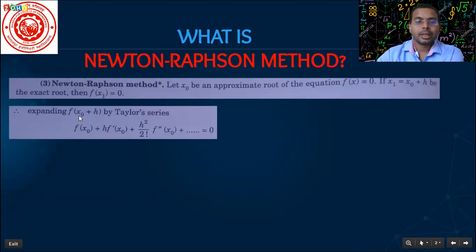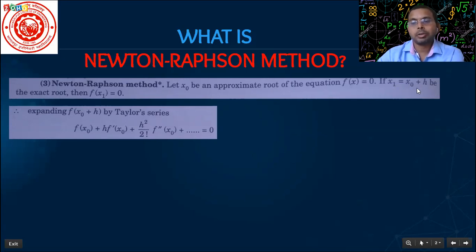Now, if we expand f(x0 plus h) using Taylor series, we find f(x0) plus h multiplied by f dash x0, where f dash represents the derivative of f with respect to x, plus h square by 2 factorial f double dash x0 plus h cube by 3 factorial f triple dash x0 and so on. These terms must be equal to 0 because we are expanding f(x1) and x1 is equal to x0 plus h. x0 is just an approximate value and we have assumed x1 is the exact value, and x1 is a little bit ahead of x0.